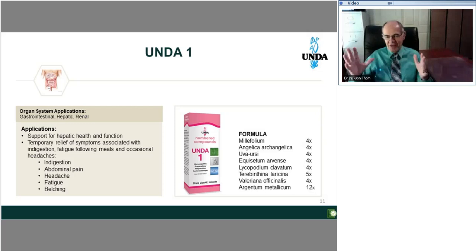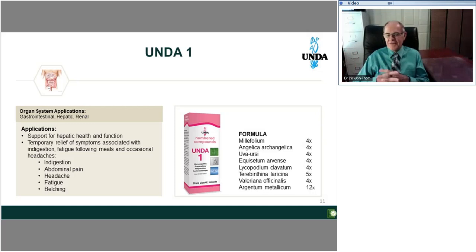So I have no idea how the remedy is put together, obviously, because I'm not part of UNDA. There are only a few people who do know, and even many of the people who work at UNDA don't know, because all they know is what their part of making an UNDA number is, which is a multiple-step process.